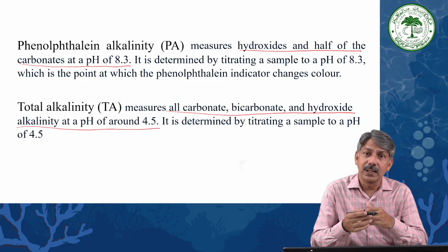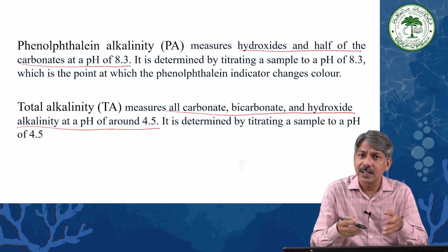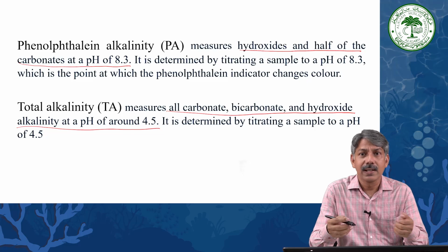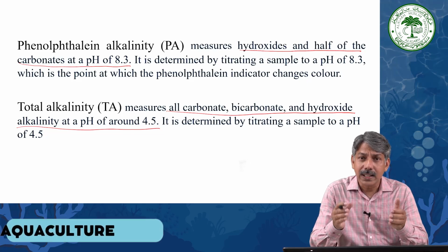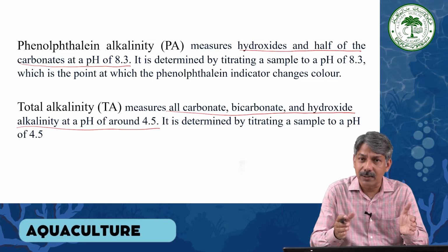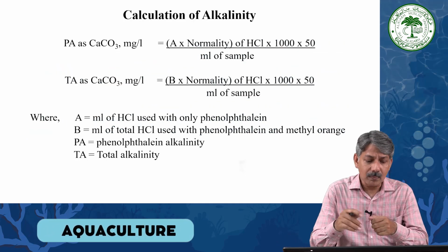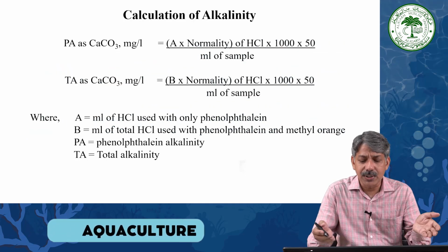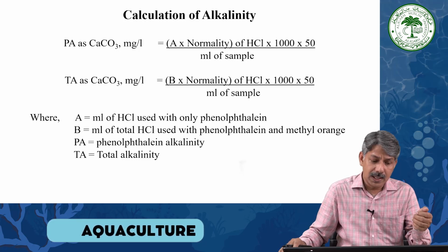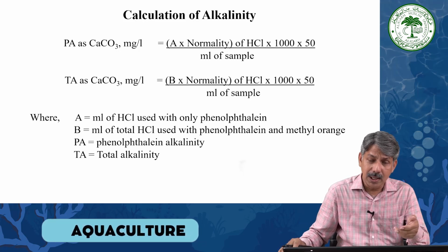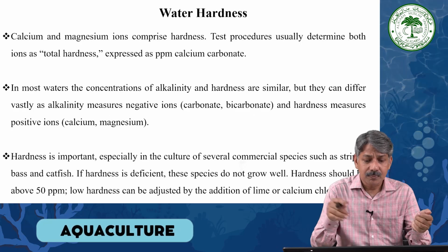Usually we go for total alkalinity, and that gives you a better understanding of how to keep these parameters in check. These are the equations used for calculating the alkalinity as calcium carbonate, mg per liter or ppm.